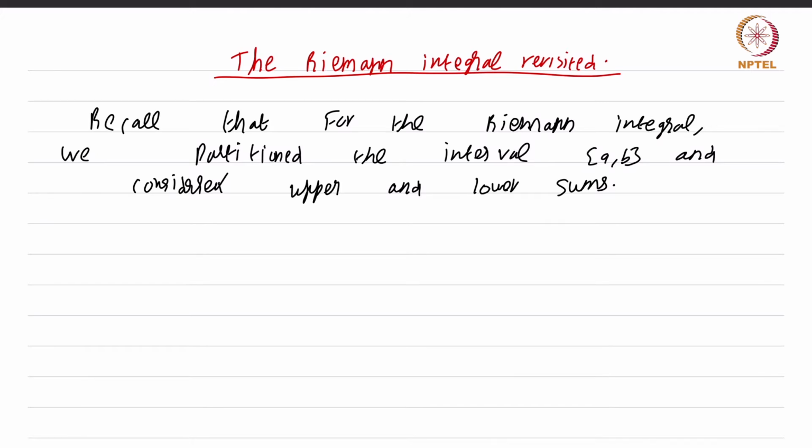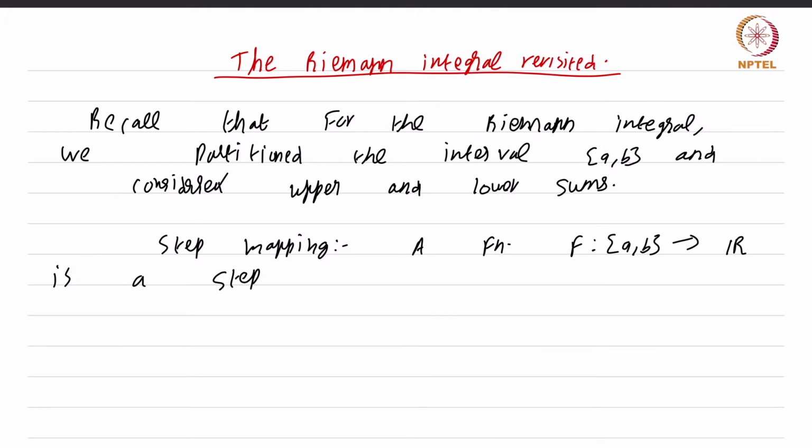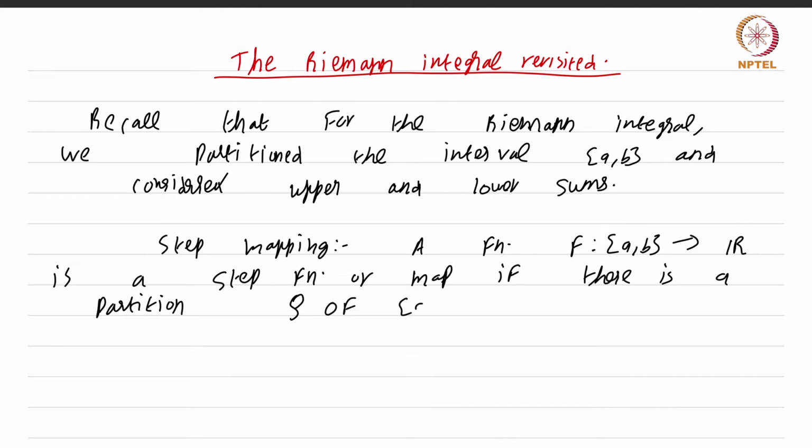Now we are going to view this Riemann integral in a slightly different way. Let us start with a step mapping. What's a step mapping? Well, a function f from [a,b] to R is said to be a step function, or step map, if there is a partition P of [a,b].